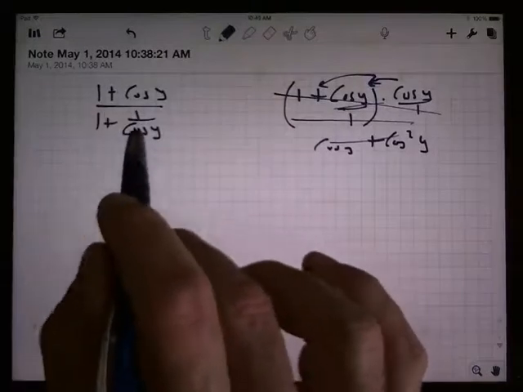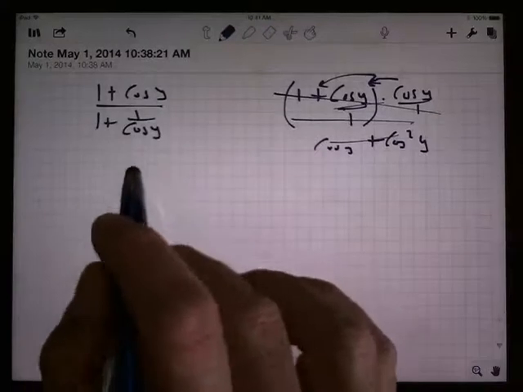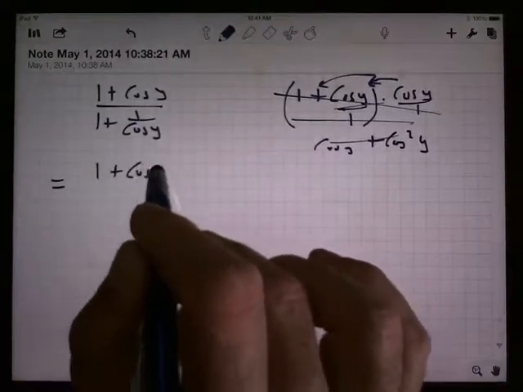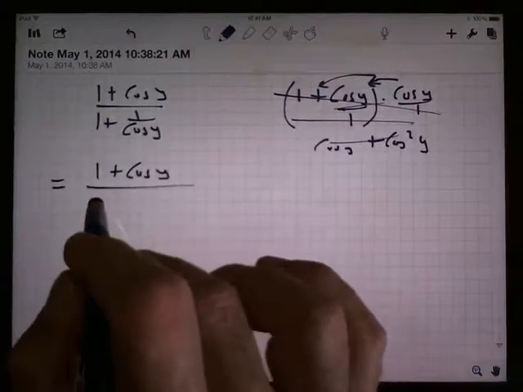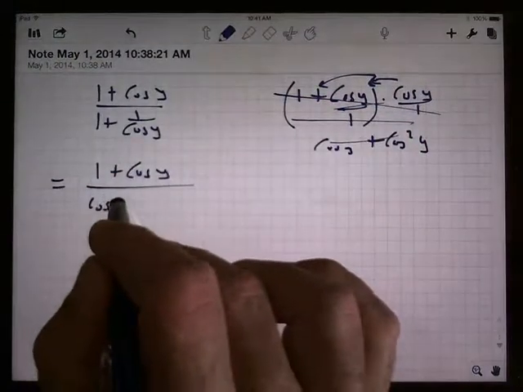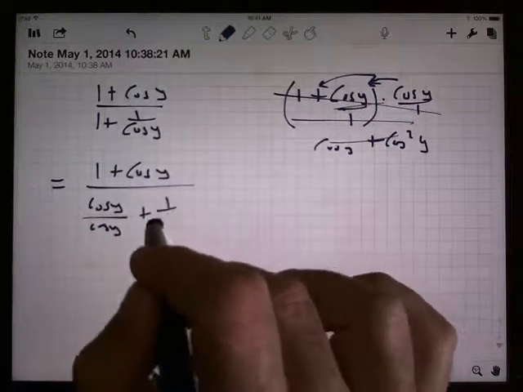One is that they turn this into a single fraction first. They get a common denominator and add that. So this thing is equal to, I'm going to just write the numerator down. I'm not doing anything with that yet. The denominator here, I'm going to write this 1 as cosine y divided by cosine y, and then I've got the 1 over cosine y.